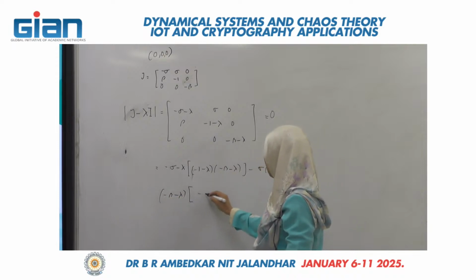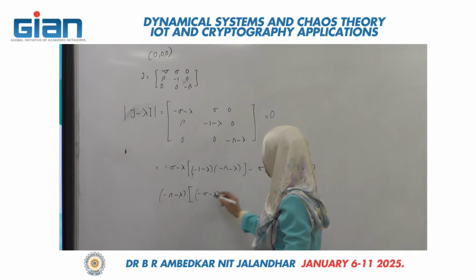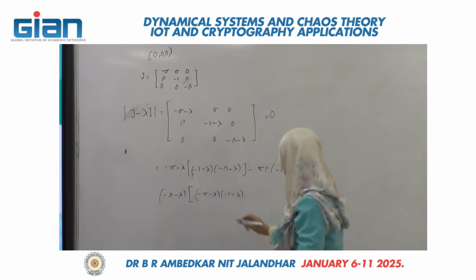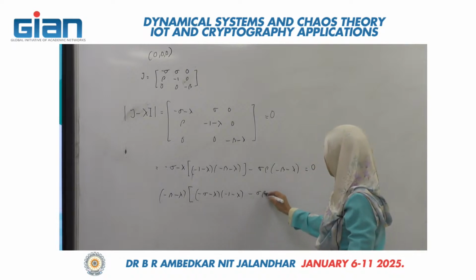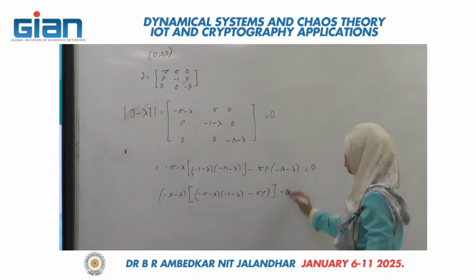So this one would be negative sigma minus lambda times negative 1 minus lambda minus sigma rho, equal to 0.